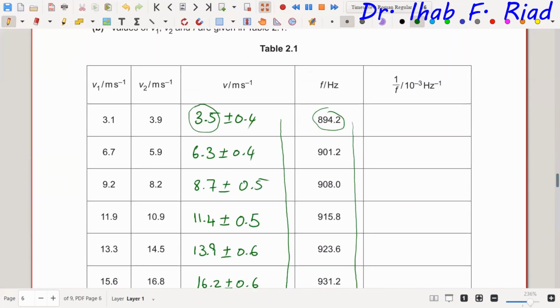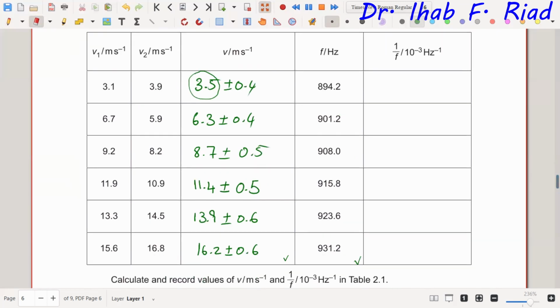Now we need to calculate 1 over f. Can you do that, Dean? Yes. What is the first one? 1.12.